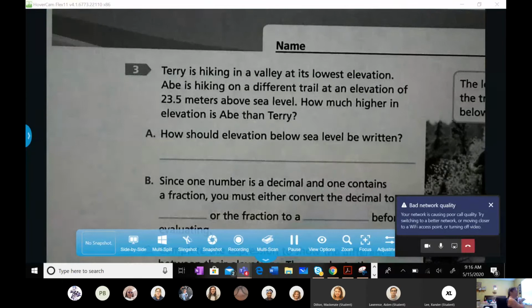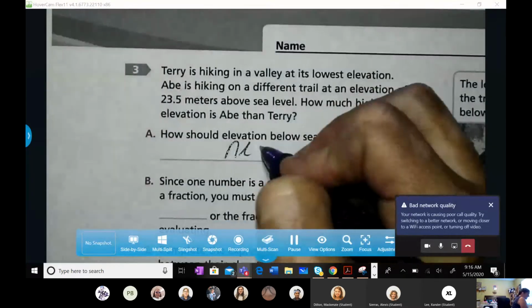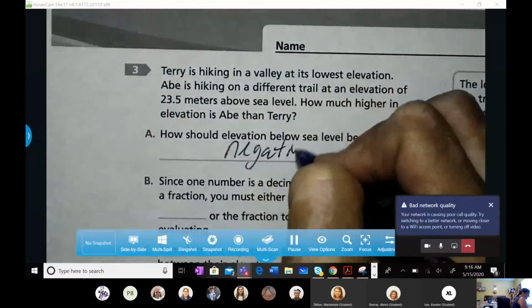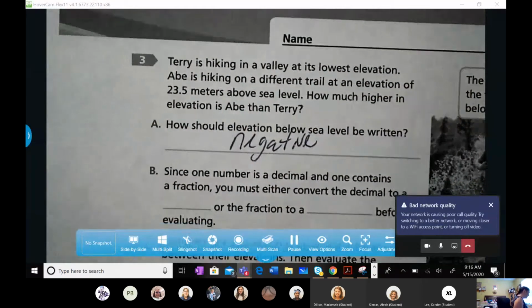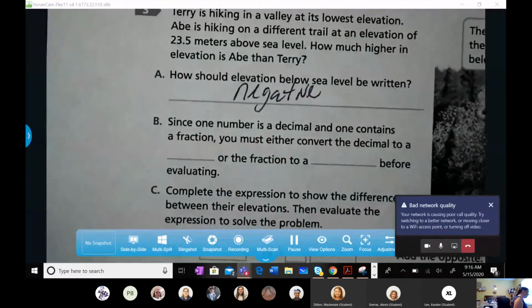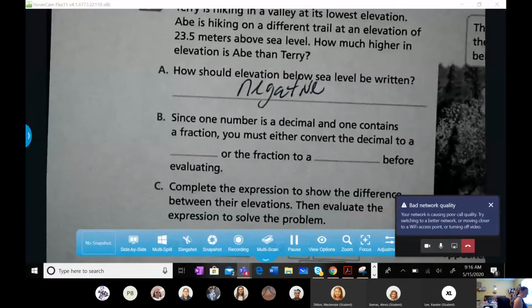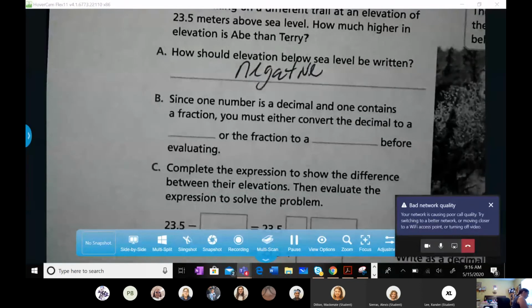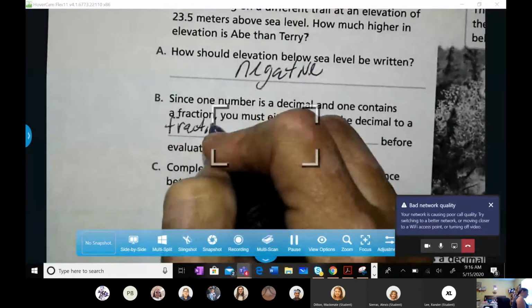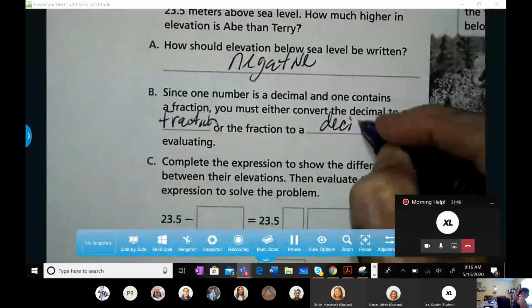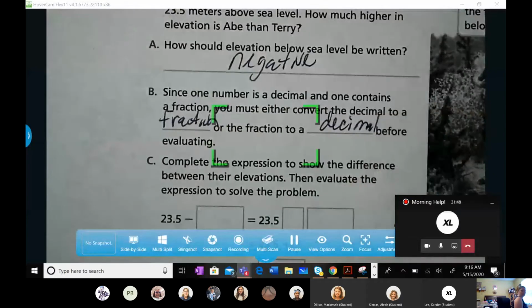We've talked about that. Sea level would be 0, below would be negative. Since one number is a decimal and one contains a fraction, you must either convert the decimal to a fraction or the fraction to a decimal before evaluating.